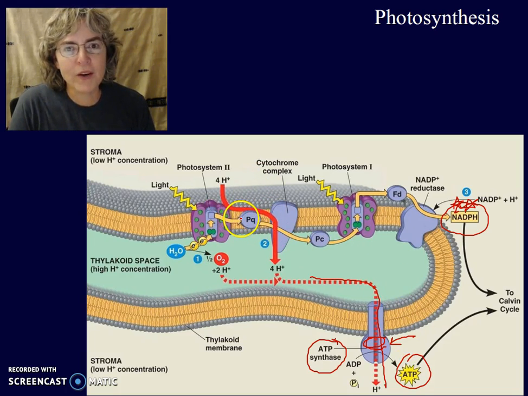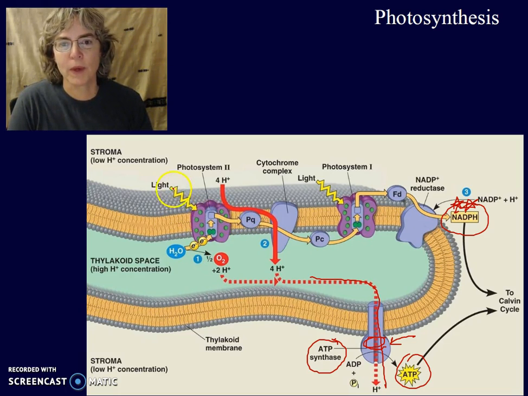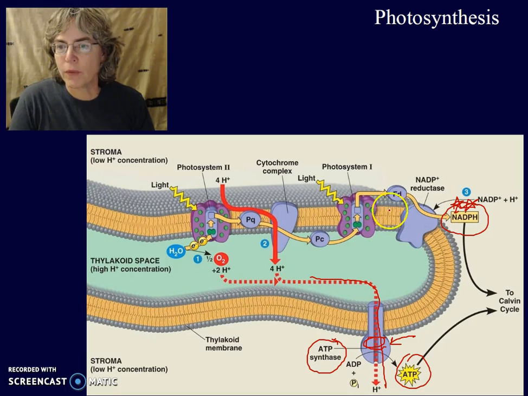Okay, but where do these high energy electrons come from? Well, we know they have something to do with the light going through and then going into NADPH.